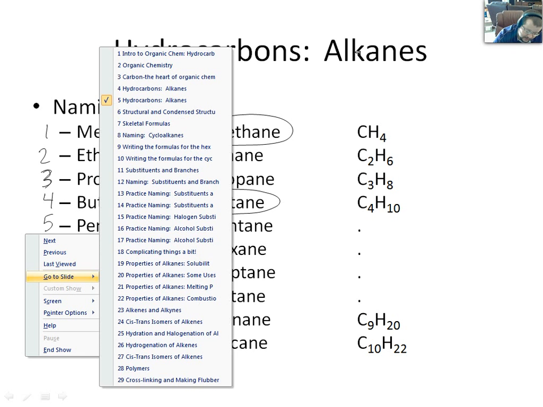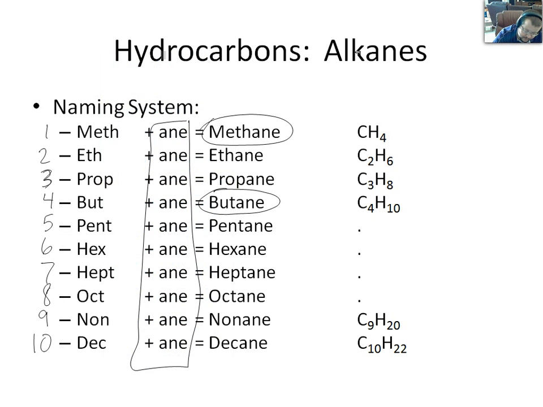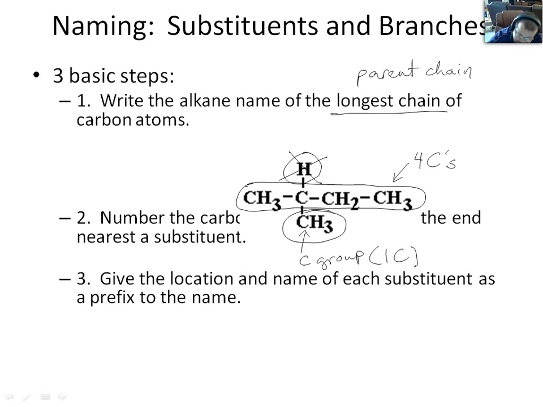Let's head back to where we were. Alright, so the name of the parent chain, because it's 4 carbons long, is going to be butane. This is going to end up working like an address stating what's hanging off of butane and where it's hanging off of butane.